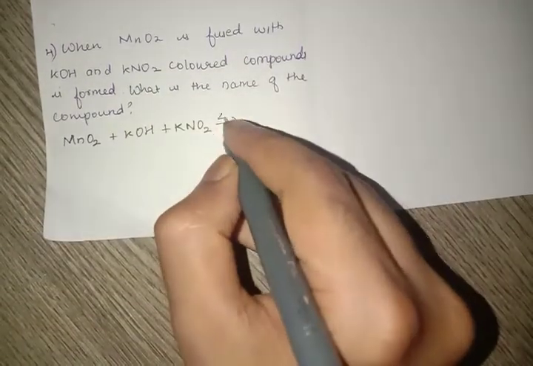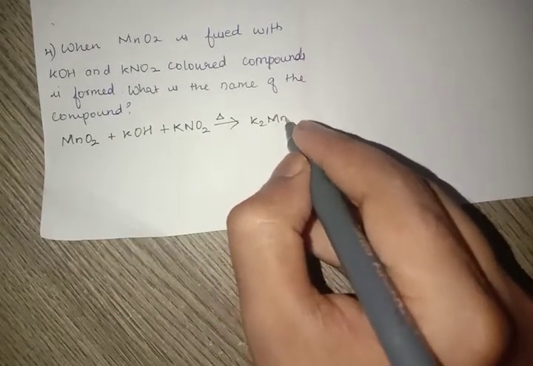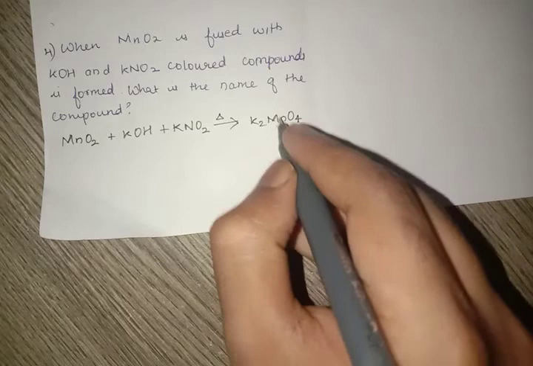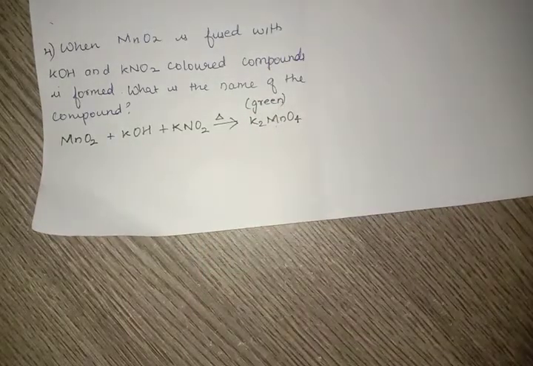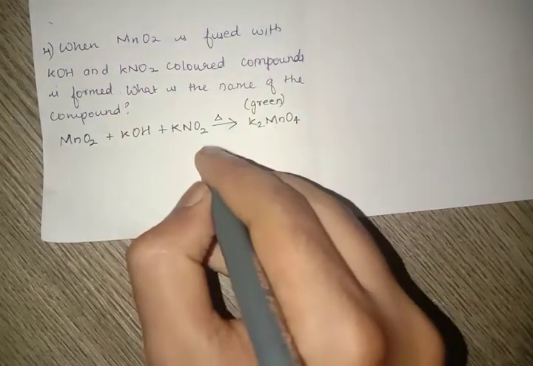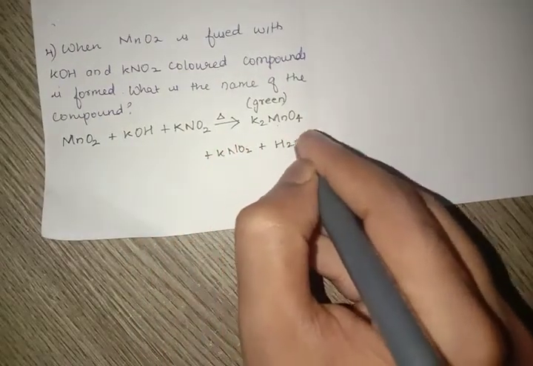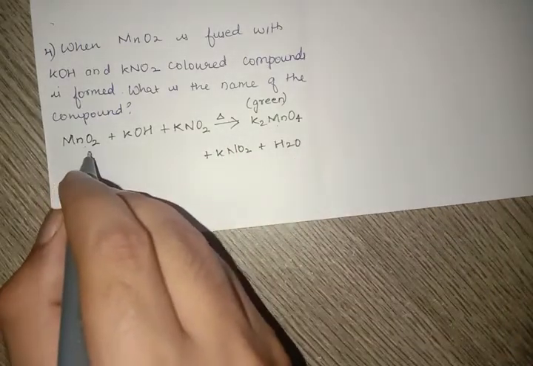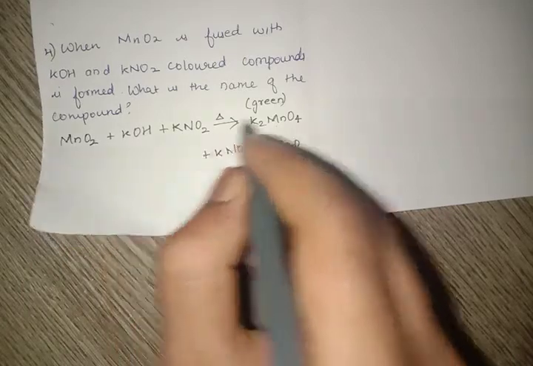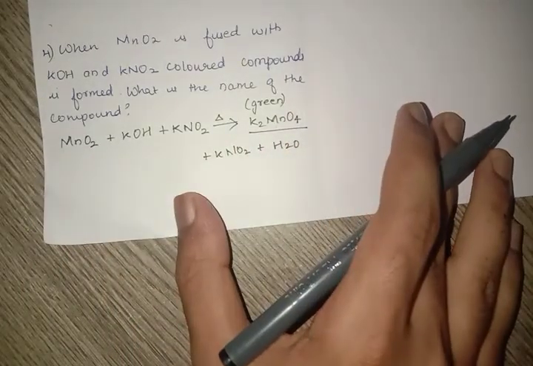From this reaction we get K2MnO4. This is a green compound, that's why it is colored. And from KNO2 and water, this is an important reaction. So when MnO2 is fused with KOH and KNO2, we get K2MnO4, and it is a colored compound which has a color of green.